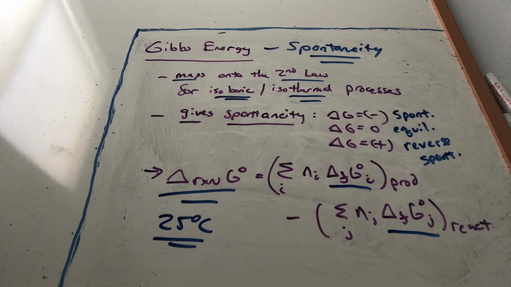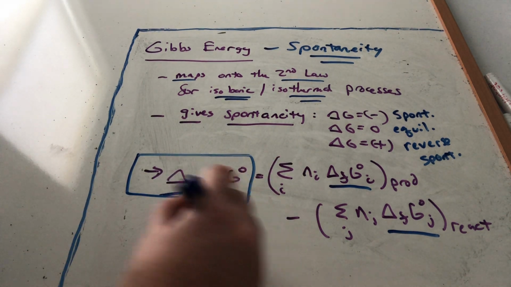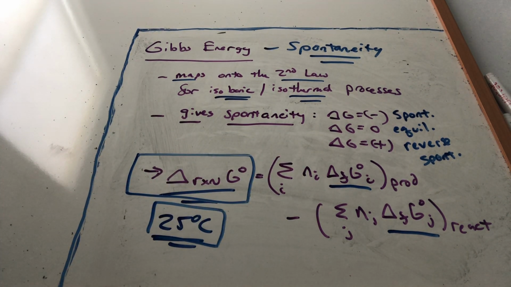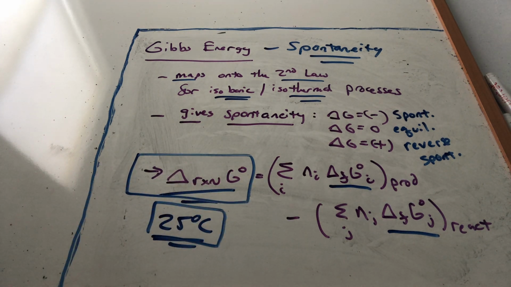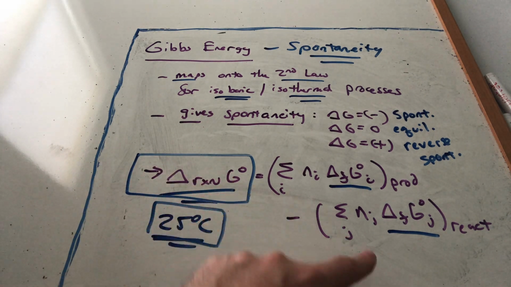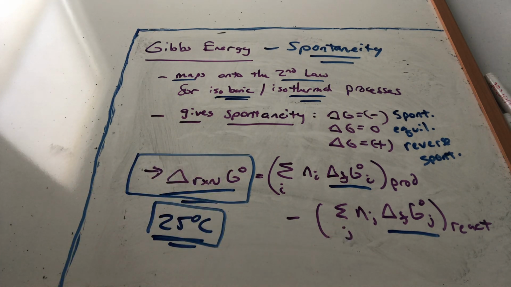We even saw that with Le Chatelier's principle in terms of moving the equilibrium around if we increase temperature for an exothermic reaction or decrease temperature for an exothermic reaction, and so on and so forth. So the big difference here is, you can do the exact same calculation you can do for those other thermodynamic quantities, but this is only valid at 25 degrees Celsius. If you're analyzing a problem at 25 degrees Celsius and you get a delta G reaction naught that's negative, that tells you that under standard conditions, it's spontaneous.